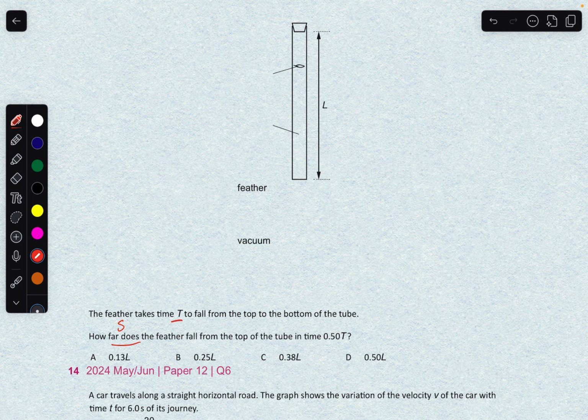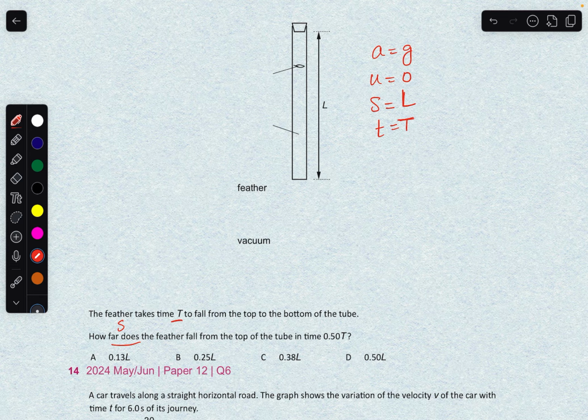Let's discuss both the scenarios. In the first scenario, it's falling downward, a is equal to g, initial velocity is 0, it traveled distance s, that is equal to L, the length of the tube, in a time t equal to capital T. Okay, this is the given thing.